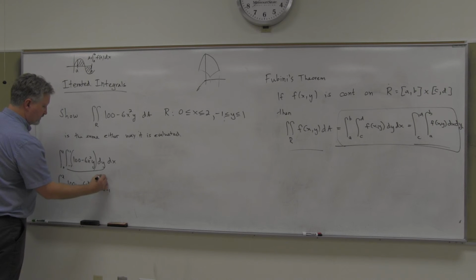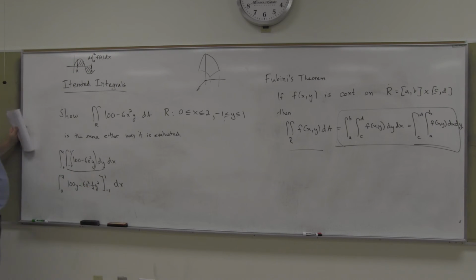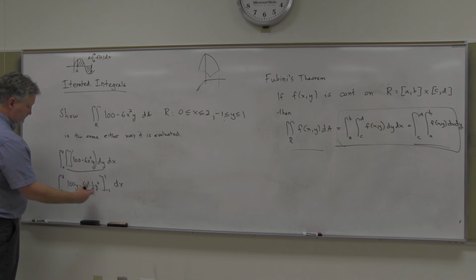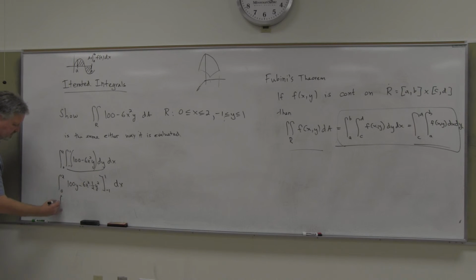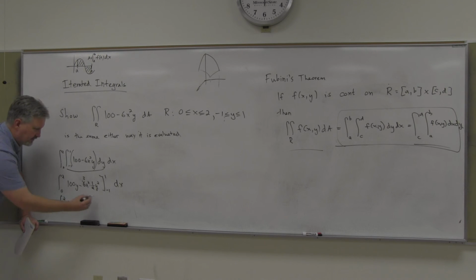Then we're doing that from -1 to 1. Plug in y equals 1, so that's 100 minus 3x squared times 1 squared.